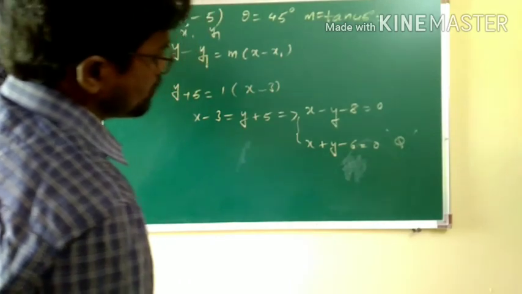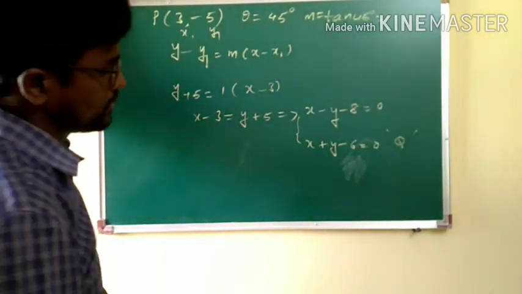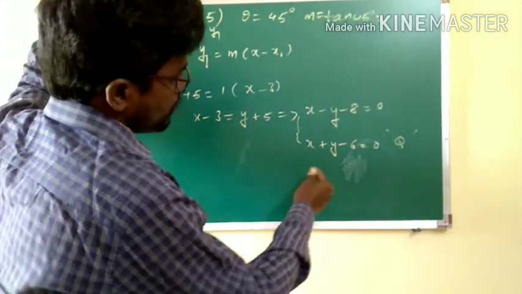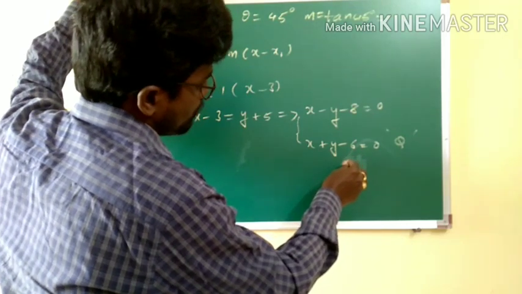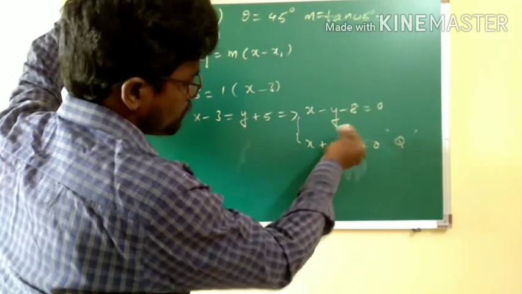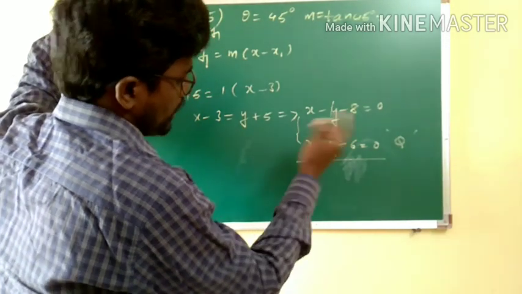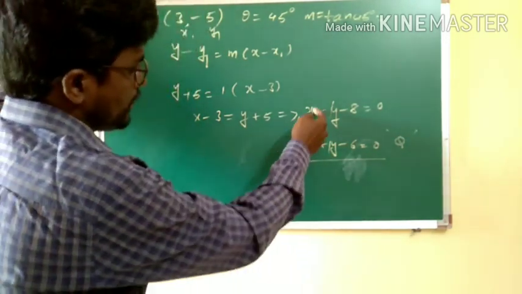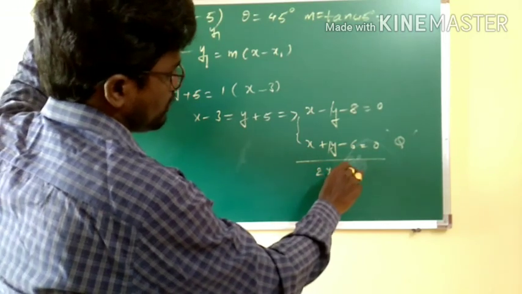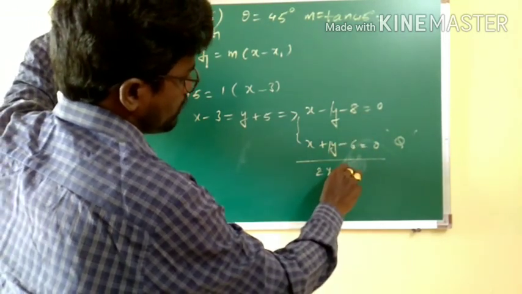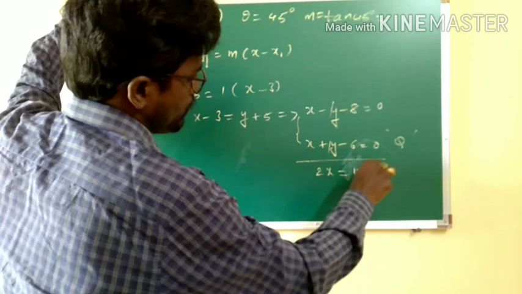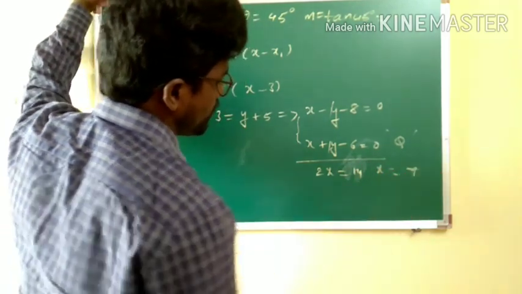I have told you the simplest method to solve the equations. Here you have minus y and plus y, so if you add up these two equations you directly get the result easily. x plus x is 2x, minus 14 equal to 0, means 2x is equal to 14. That means x is equal to 7.